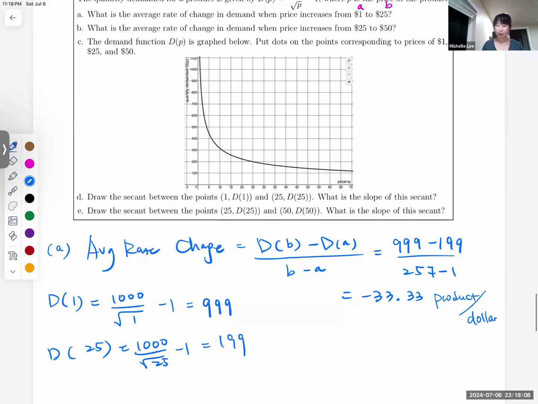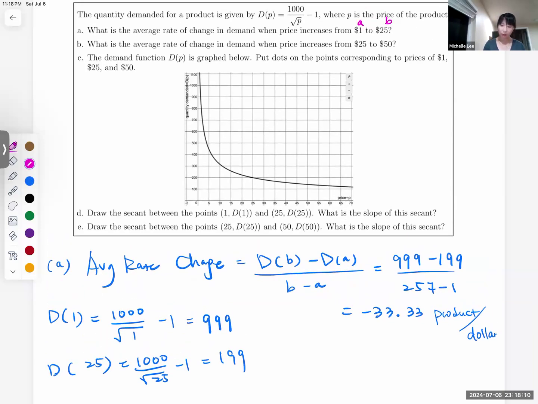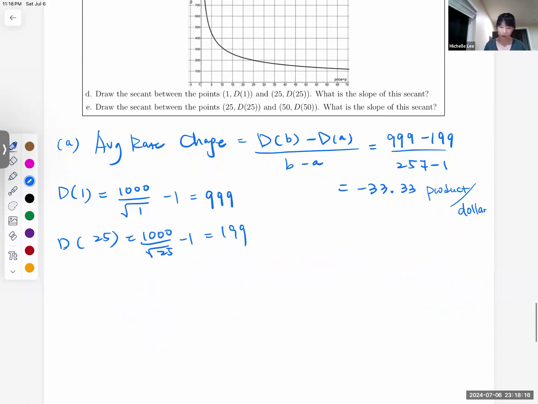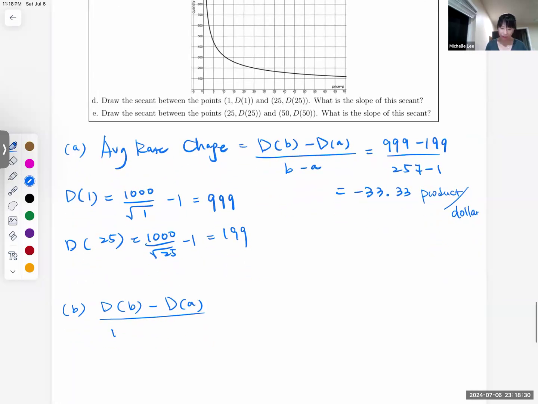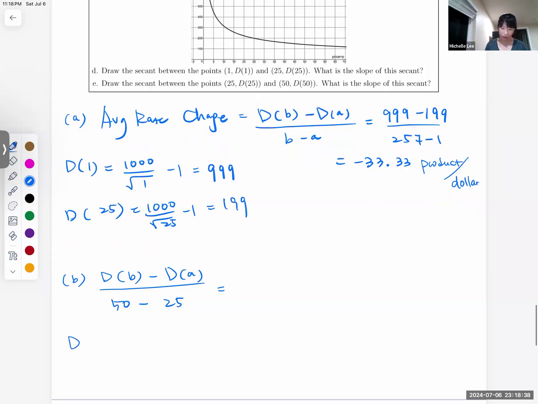Okay, second part, same process from A to B, 25 to 50. So we have D of B minus D of A over 50 minus 25. We get 1,000 over square root of 50 minus 1.